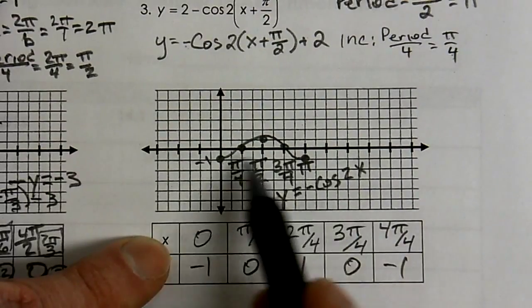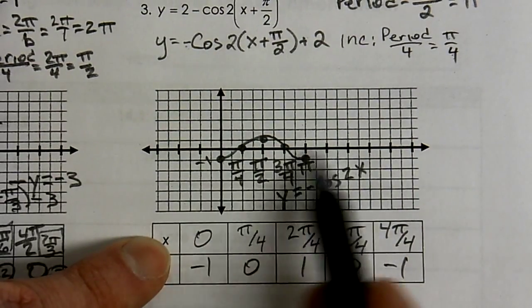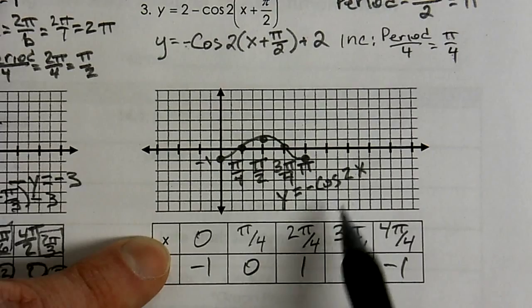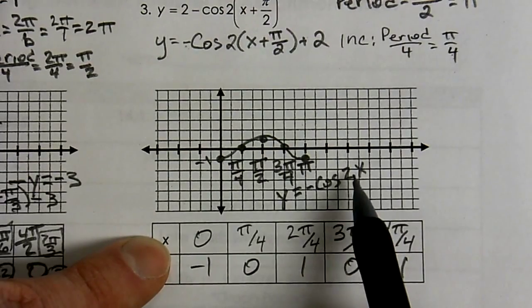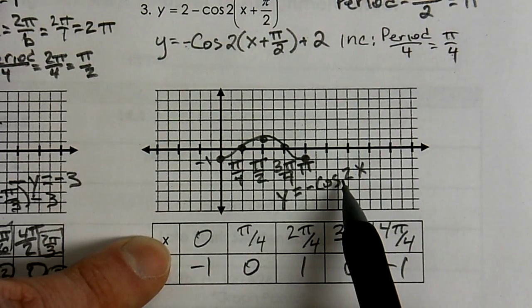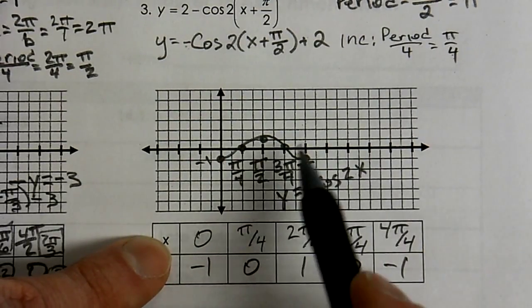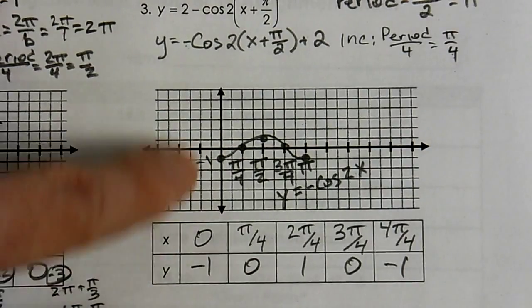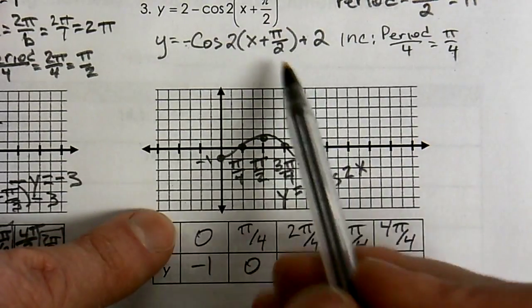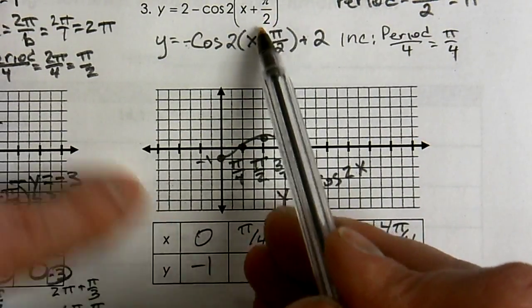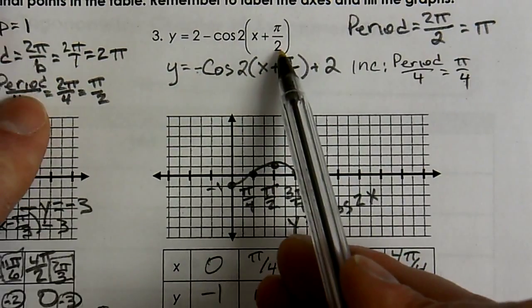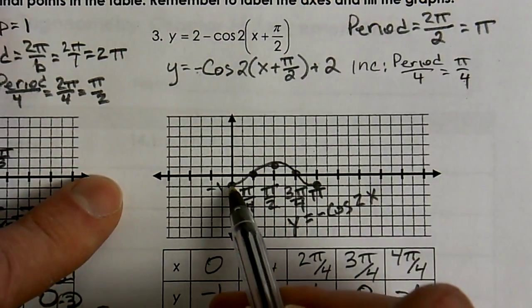The 2 shrank, a vertical shrink, by a factor of a half, always a reciprocal of your b value, and it has an amplitude of 1. Then we're going to take each of these points and we're going to translate them pi over 2 to the left.